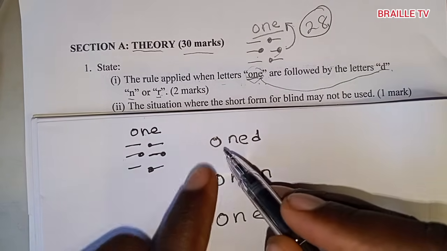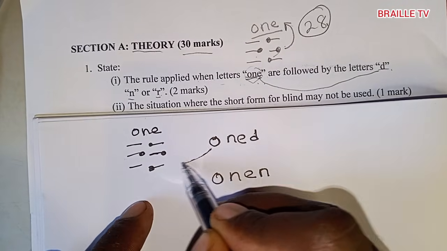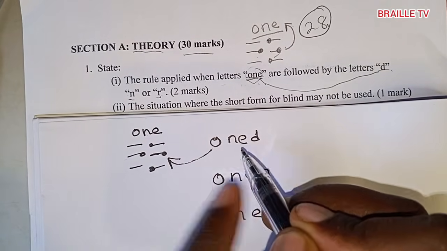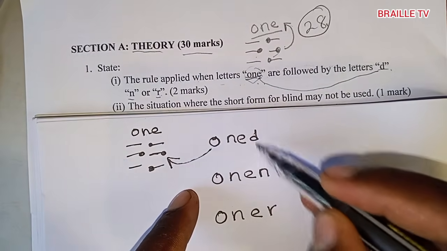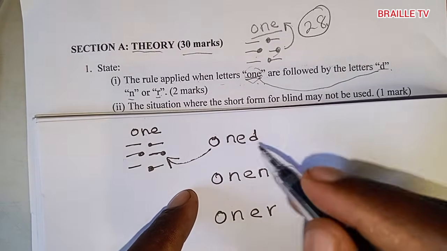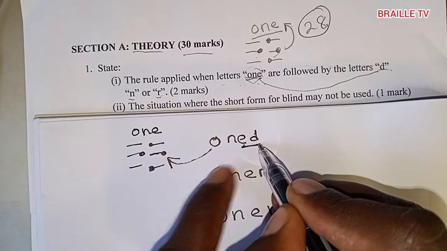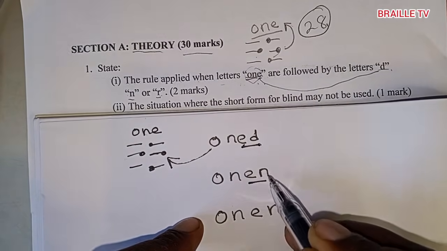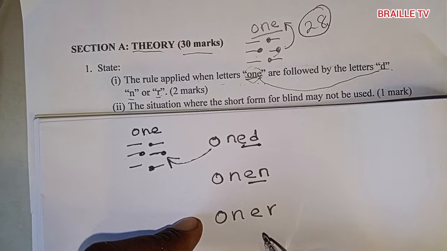What happens? We have one here, but we are not going to contract it like this. We were told if one is followed by either D, N, or R, you don't contract one, you contract ED if followed by D, you contract EN if followed by N, and when one is followed by R, you contract ER.